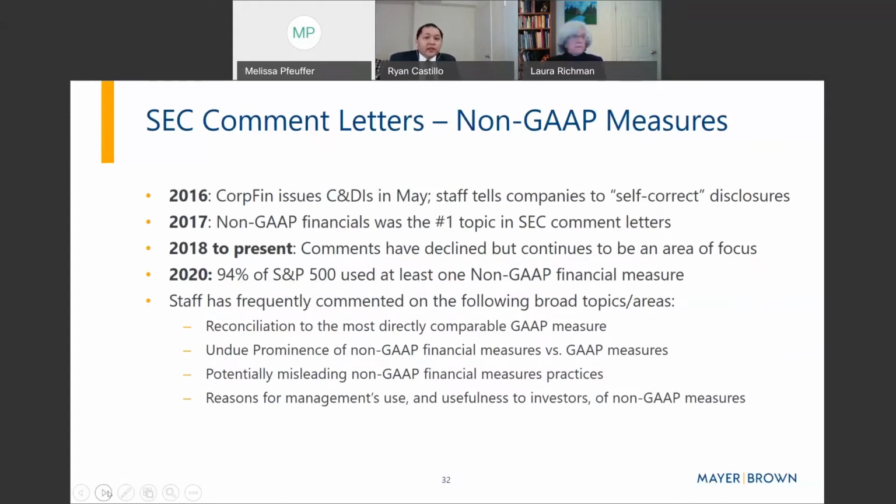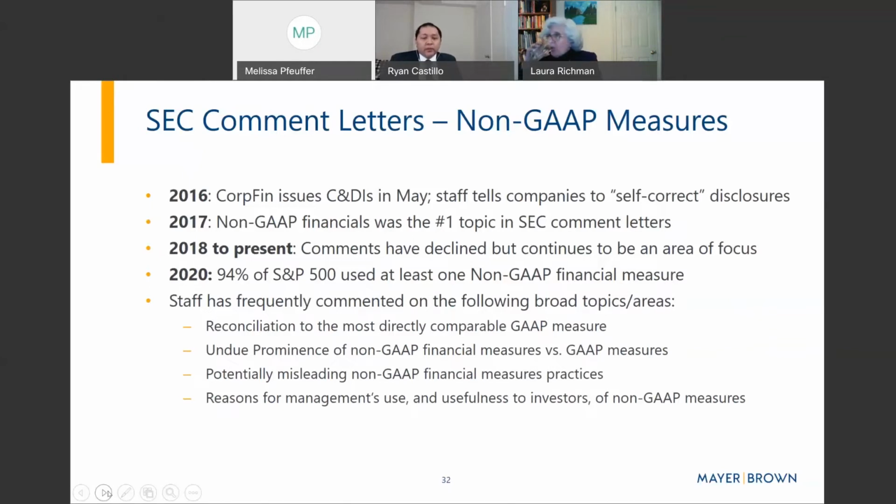The staff said that there will be an uptick in comments, and they asked companies to self-correct their non-GAAP disclosures. And the staff has followed through. In 2017, non-GAAP measures was the #1 topic in SEC comment letters. An audit analytics report showed 1 out of 3 comment letters in 2017 involved a non-GAAP comment.